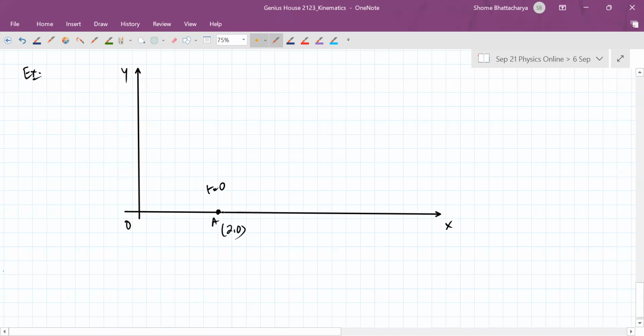Okay. And let's take a very simple case where B was also located here. So A and B are both at 2, 0 at time t equal to 0. Okay.